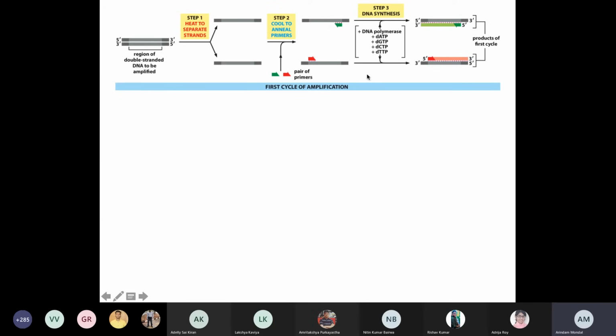Okay, so here you see the DNA polymerase has synthesized the complementary DNA strand, so that by the end of the first cycle, you will have two daughter strands, again synthesized in a semi-conservative mode.